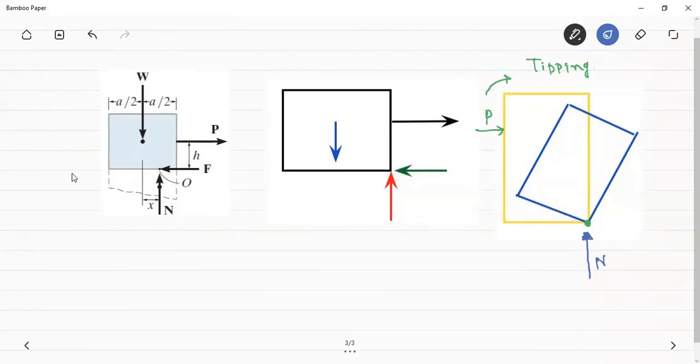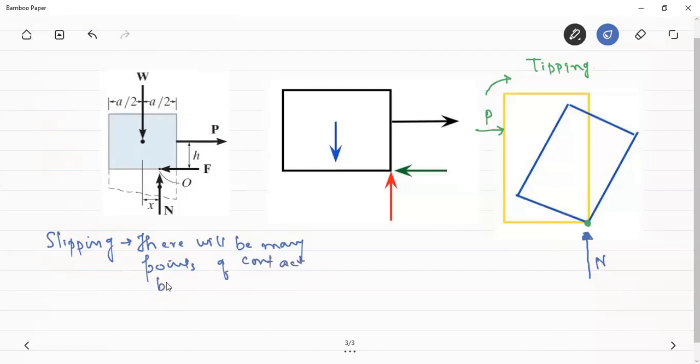But if we are studying slipping, there will be many points of contact between the ground and block.